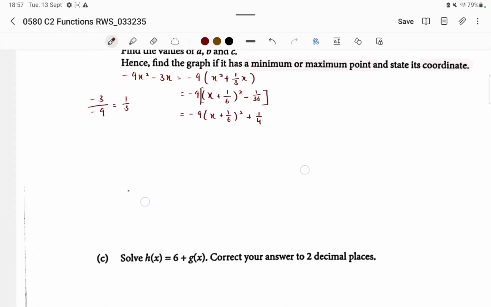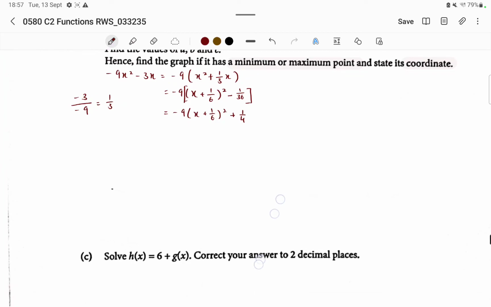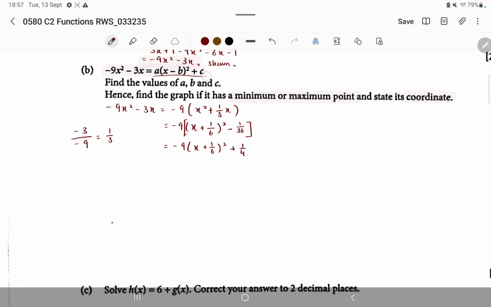When you compare it with this one, you should get A equals to negative 9, B equals to negative 1 over 6, because this one positive, this one negative. And then C equals to 1 over 4 as your answer.